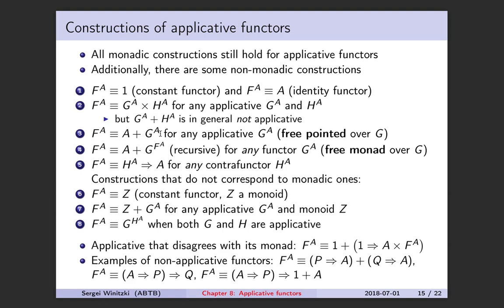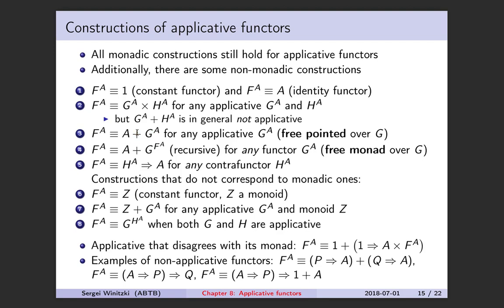The third construction is a free-pointed functor. I already talked about this in the previous chapter. Actually, this construction, as well as this one, are free constructions, which I will talk about in a later tutorial. For now, it's just a name that I'm using to remind myself of what it is. For this tutorial, I'm just using this definition.